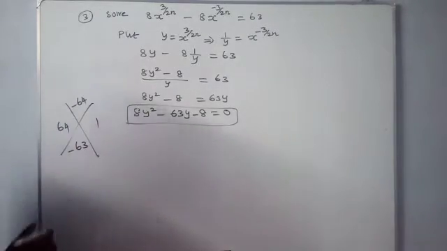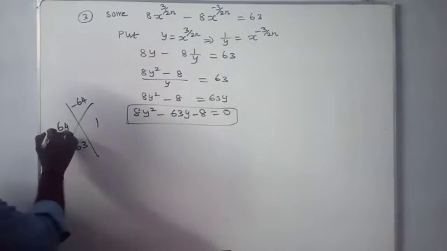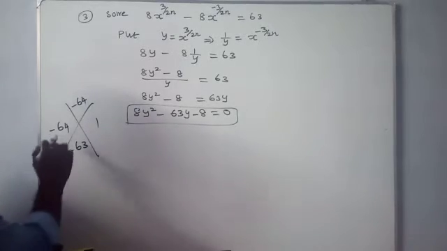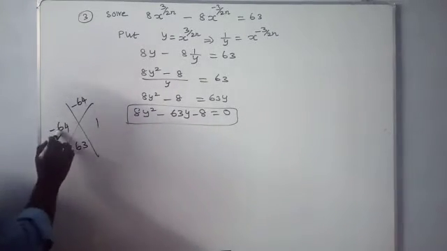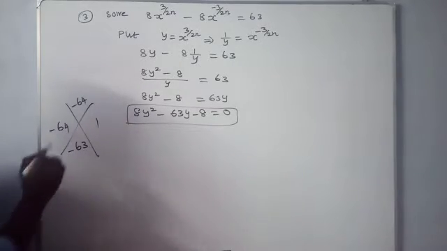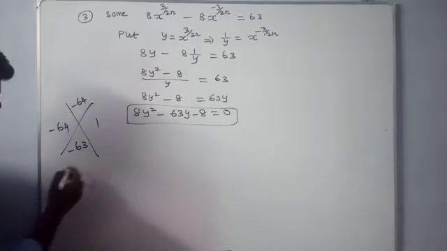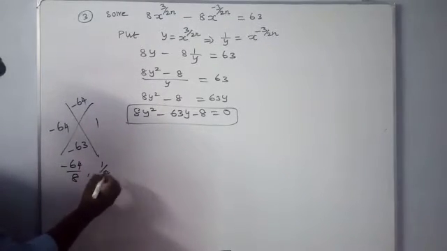64 and 1 is the possible value. Here minus 63, so minus 64 and plus 1. Multiply these two terms, minus 64 into 1 is minus 64, and minus 64 plus 1 is minus 63. Add this term. Here 8 is there, so minus 64 by 8 comma 1 by 8.